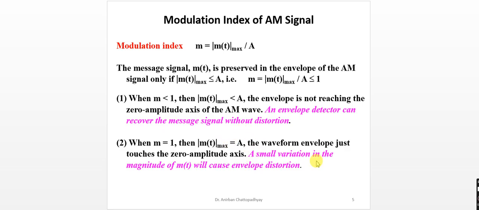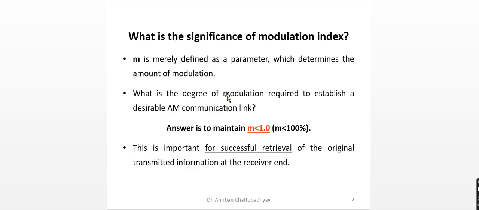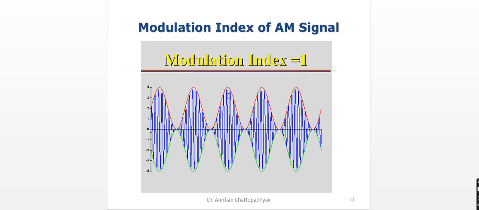Then a small variation in the magnitude of m(t) may cause envelope distortion, maybe but maybe not. The waveform envelope just touches the zero amplitude axis. This is the waveform for modulation index 1.